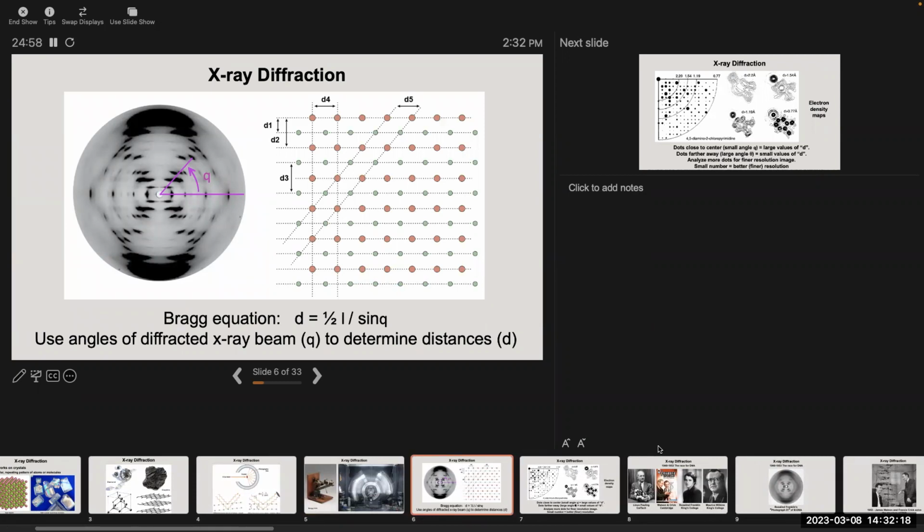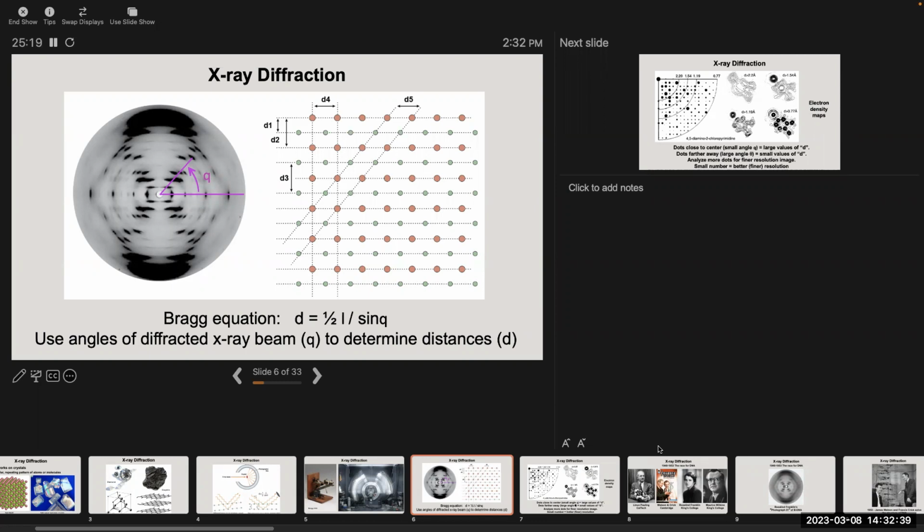It's basically just this circular piece of film with a bunch of black dots on it. And each of those different black dots corresponds to a different value of d, a different distance within the molecule.